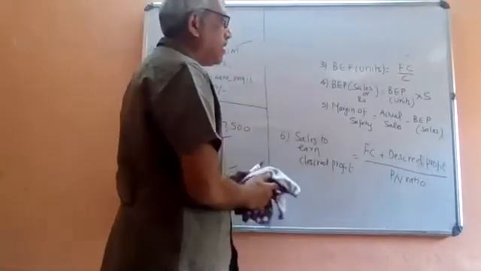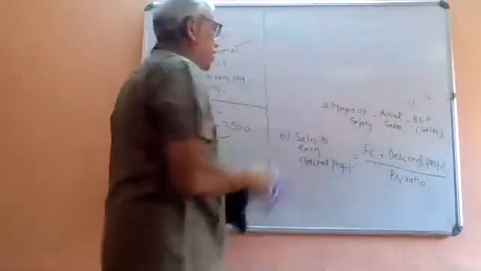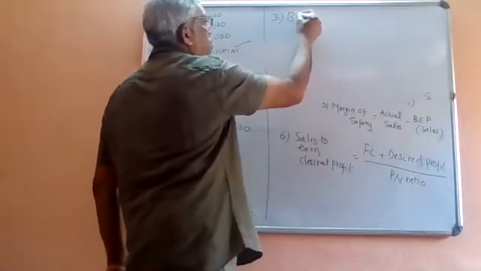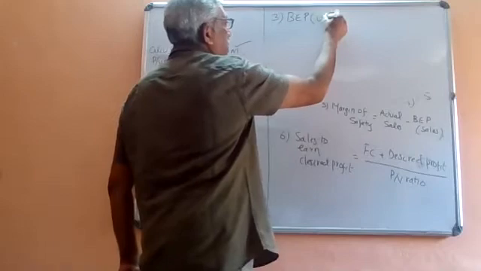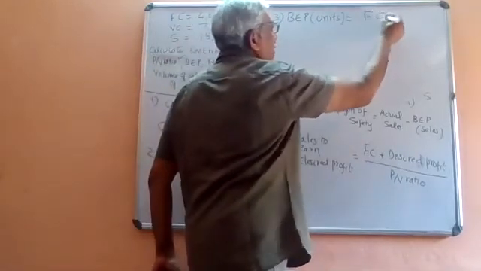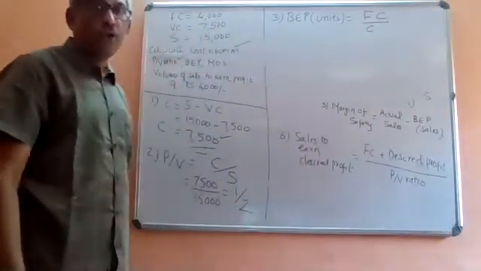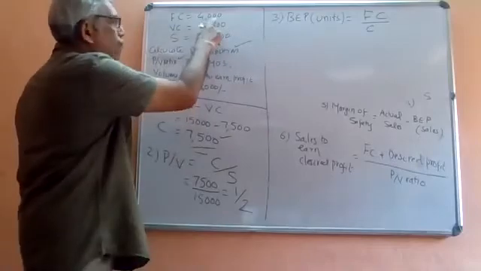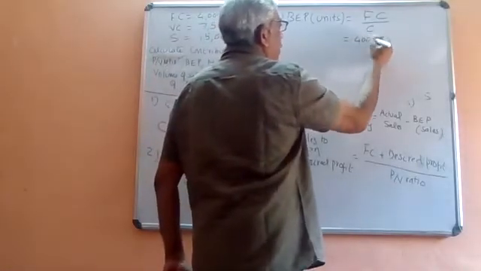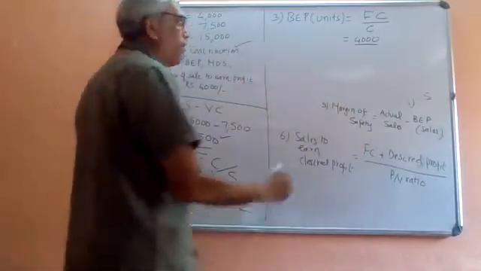Break-even point units is fixed cost divided by contribution. Fixed cost is 4,000, divided by contribution, which is 7,500.